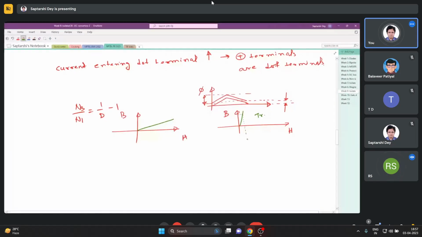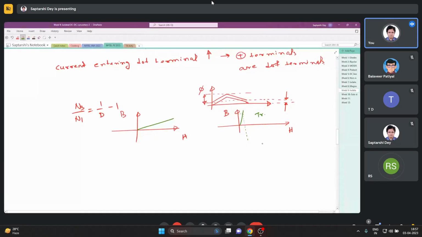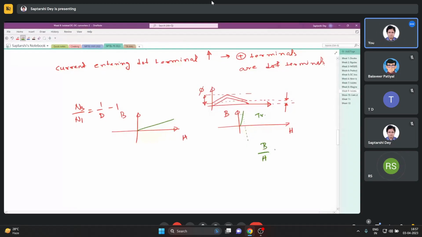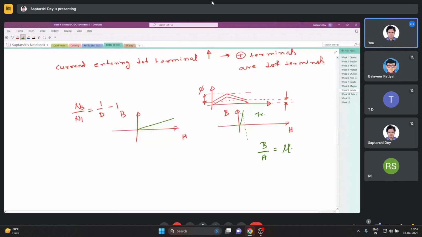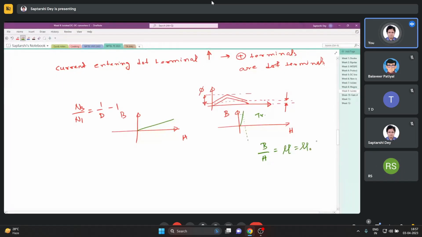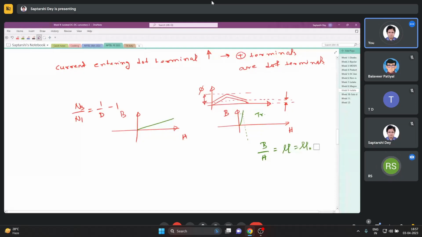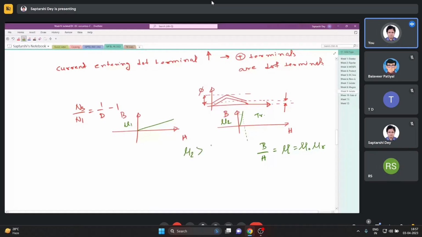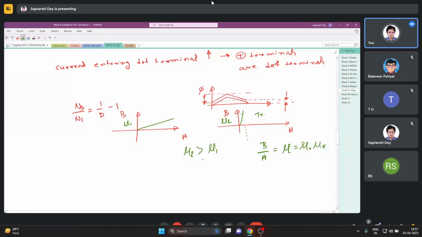This is a transformer because you see BH, so B by H gives you the mu, which is mu naught mu r. If I write this one mu 2 and this one mu 1, mu 2 is larger than mu 1. So for the same dimension of core, your permeance is larger here.